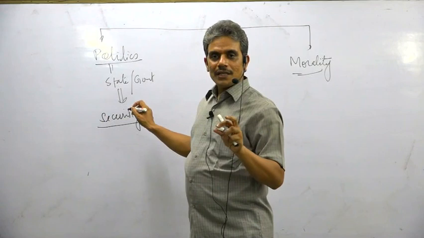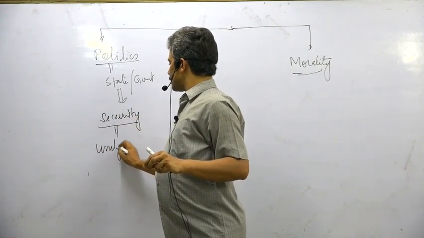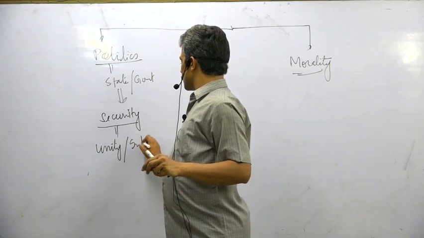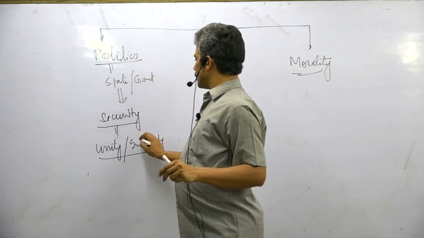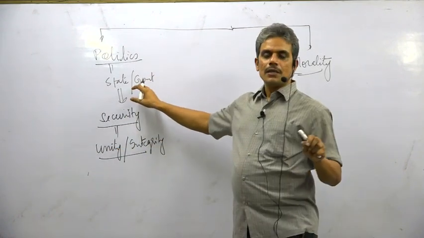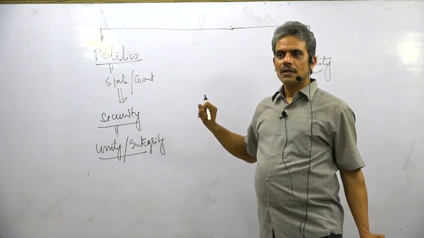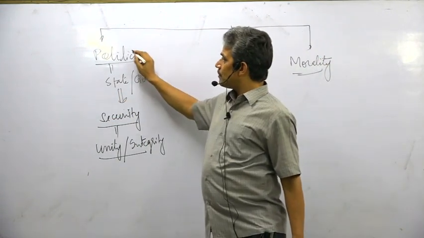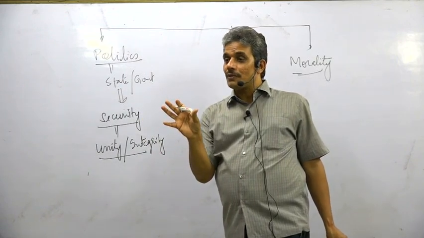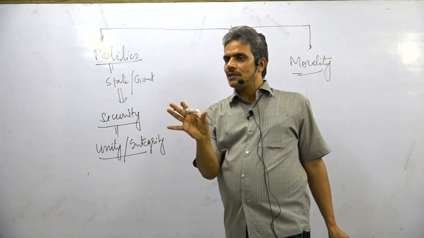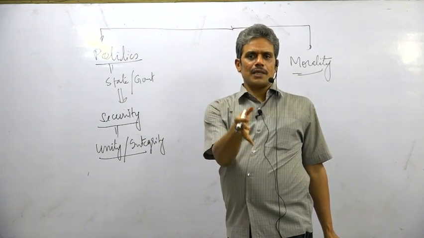Protecting the unity and integrity of a state is the most fundamental objective of politics. So for Morgenthau, diplomats should look at preserving the unity and integrity of a state. That is the primary job of a diplomat.